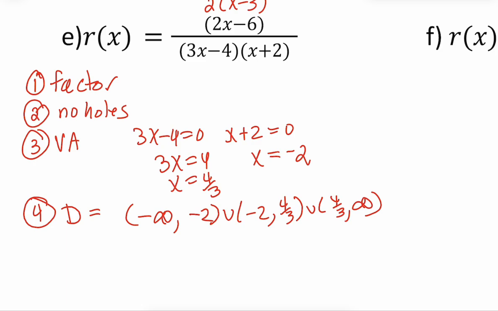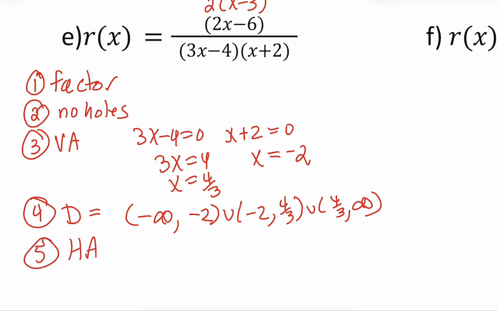If you were to put this graph into Desmos, it would be in 3 distinct pieces: a curve to the left of negative 2, a little curve between negative 2 and 4/3, and then a curve again from 4/3 to infinity. So we can expect a 3-piece graph, which is weird.